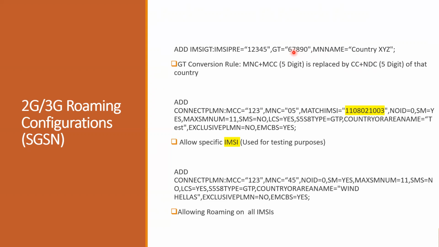For example, there is an operator whose mobile numbers start from +93201. Okay, but its IMSI may start with something like 32303. So 32303 may be a GT of some other country. So if in your attach request you bring your complete IMSI, that is going to be routed towards some other operator.